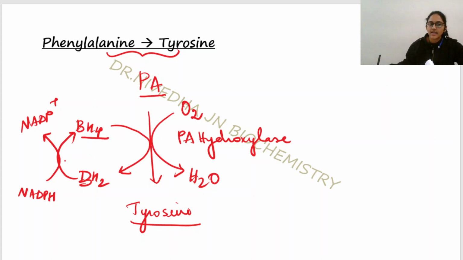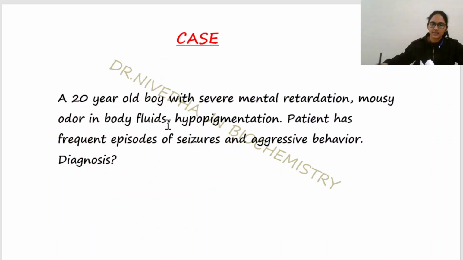It is dihydrobiopterin reductase, which converts the dihydrobiopterin to tetrahydrobiopterin. So what is the enzyme that converts phenylalanine to tyrosine? It is phenylalanine hydroxylase.